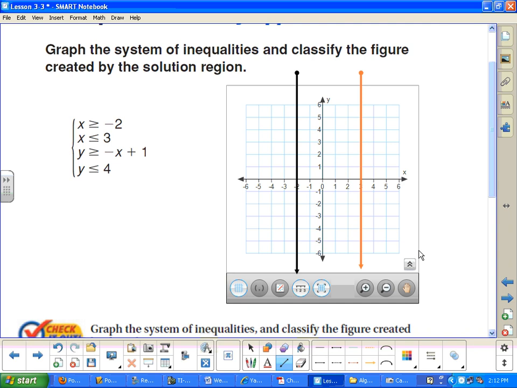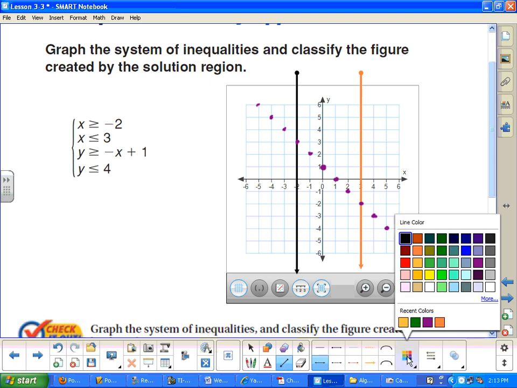y is less than or equal to negative x plus 1. So we've got a y-intercept at 1, and our slope is negative 1, so we're down 1 over 1. Let's go green with that one.